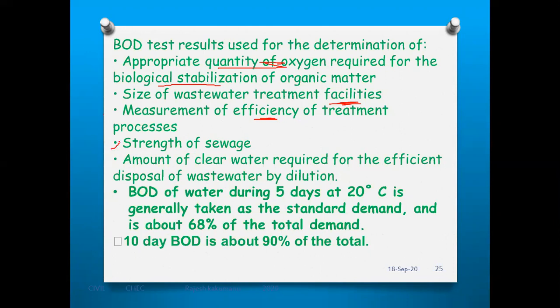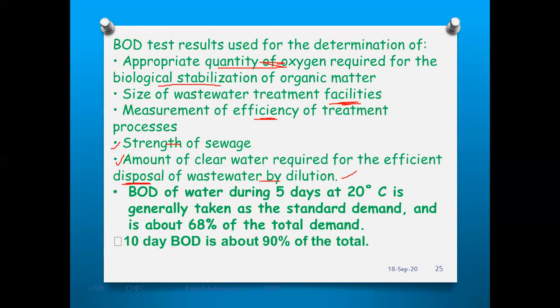So it is also used for checking the strength of sewage. Next, the amount of clear water required for the efficient disposal of wastewater by dilution. So it is also used for determining the amount of clear water required for efficient disposal of wastewater by the dilution method.